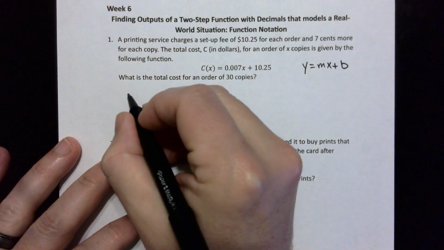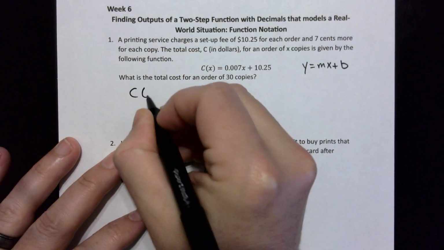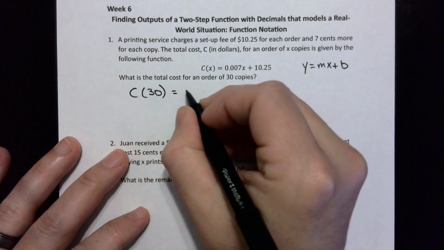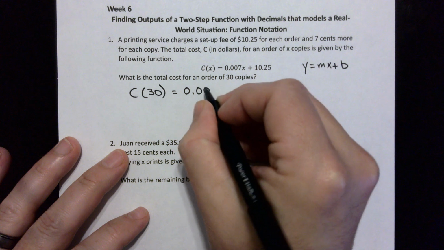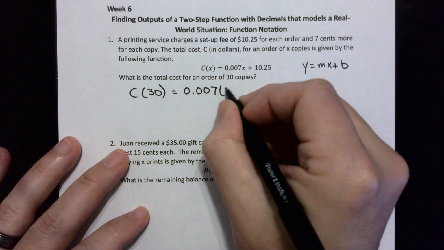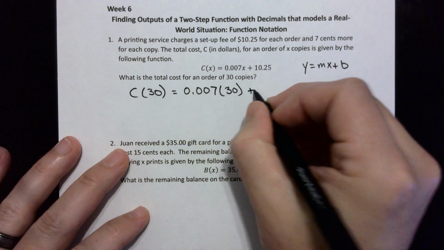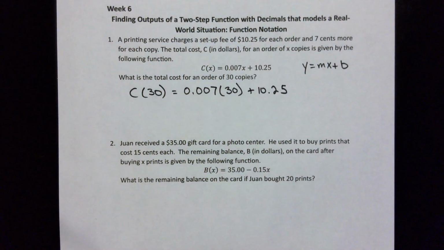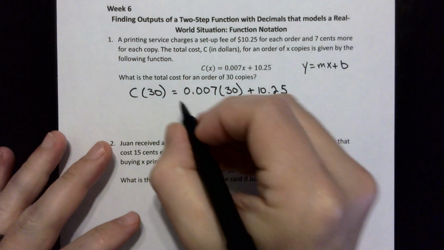All we have to do is, instead of c of x, we can do c of 30. That would be 0.07 times 30, plus 10.25. So what is 0.07 times 30? That will be 2.10.